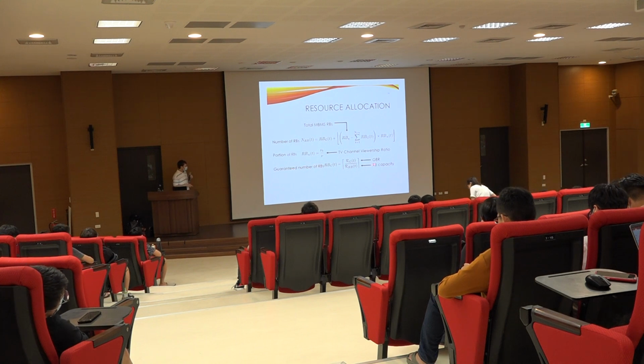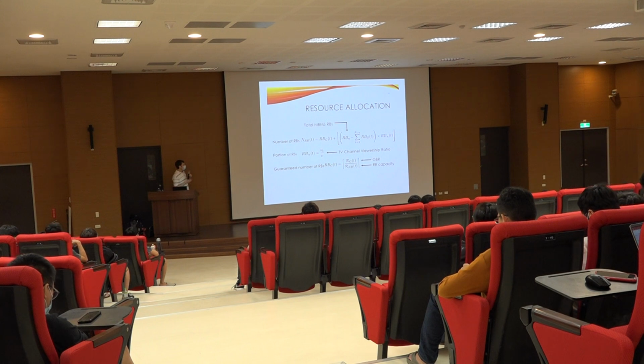And the number of guaranteed resource blocks is dependent upon our guaranteed bit rate, which is source video coding determined, divided by our resource block capacity. So we can see now we've put together all the pieces of video coding, resource block allocation, and voting, just for maximizing QoE of a video stream.